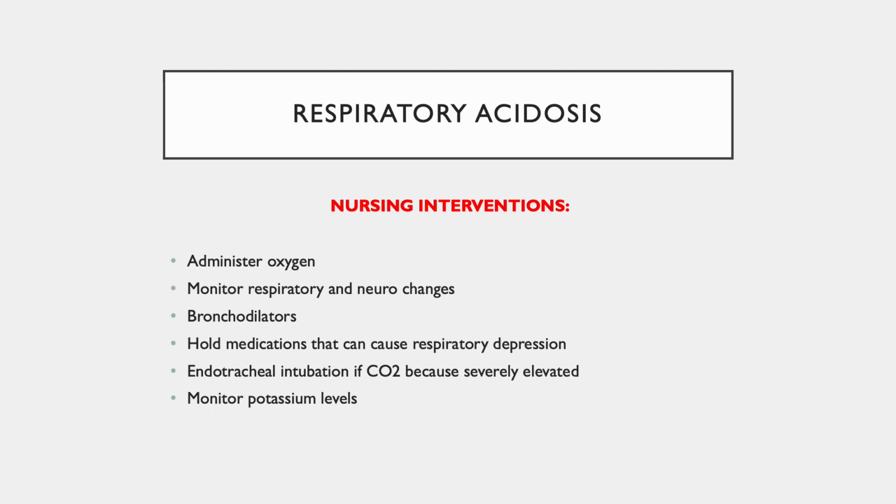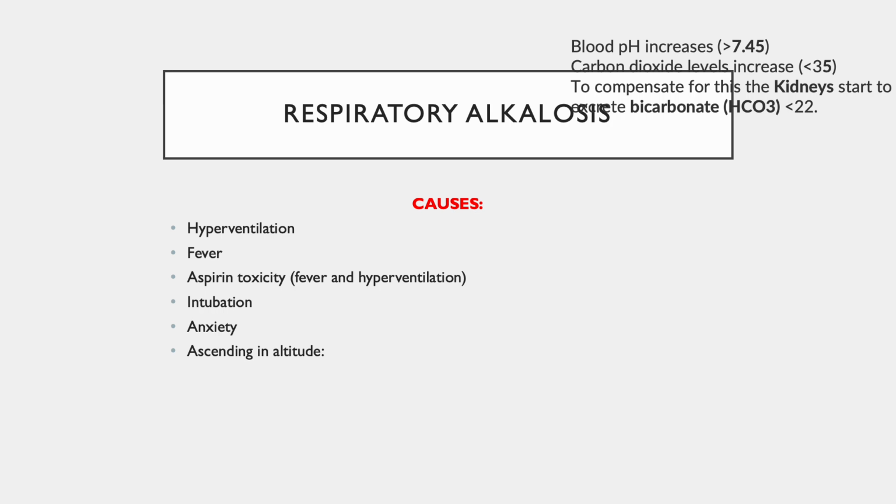We want to hold medications that cause respiratory depression, and that patient may need to be intubated if the CO2 is severely elevated. And then we want to monitor the patient's potassium levels, because during acidosis, remember, this causes the potassium to move outside of the cell into the bloodstream. So we want to keep our eye on all of that.